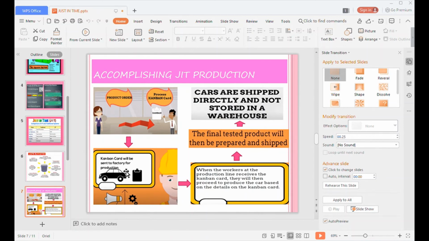Okay, and after that, when the workers at the production lines receive the Kanban card, they will then proceed to produce the car based on the details on the Kanban card. Alright? And after that, the final tested product will then be prepared and shipped. And cars are shipped directly and not stored in a warehouse. This is the flow of their production.